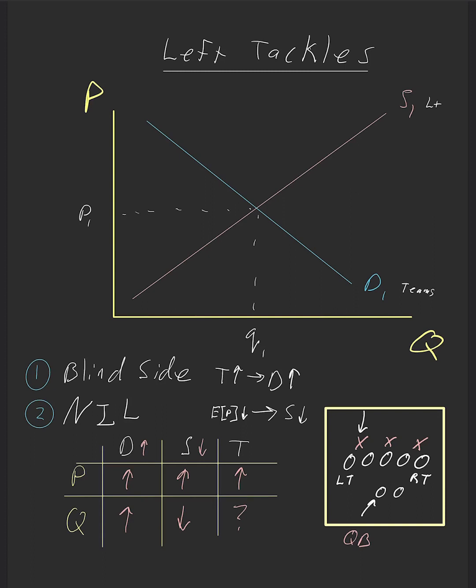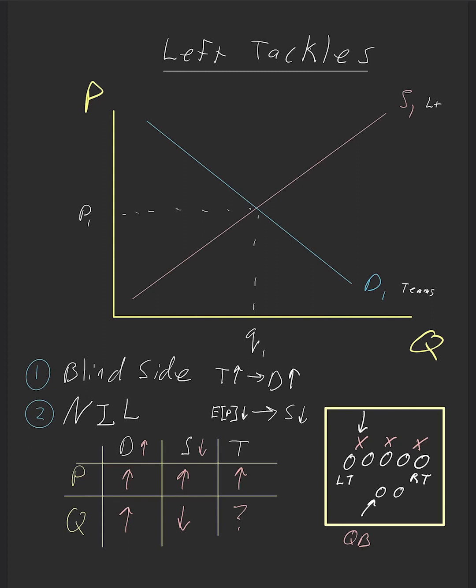The blind side is that when this quarterback, who's typically right-handed, goes to throw the ball, he needs his right hand downfield while his left hand is facing upfield, which means he has more vision to his right than he does to his left. As a consequence, defenses began to place their best pass rusher on the left end.